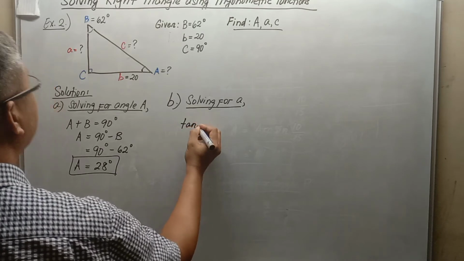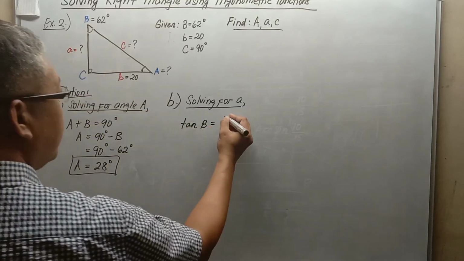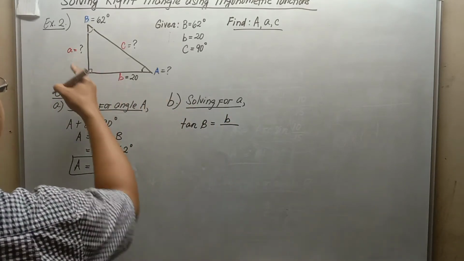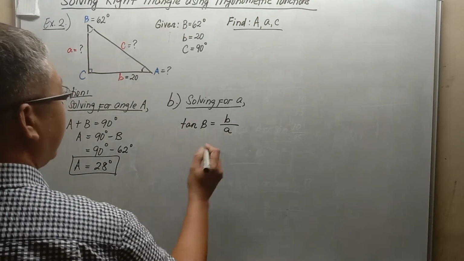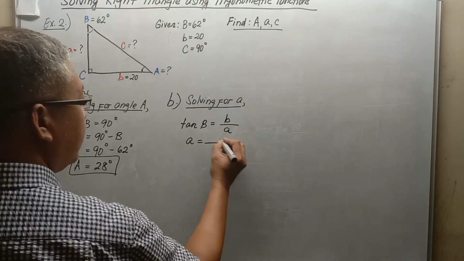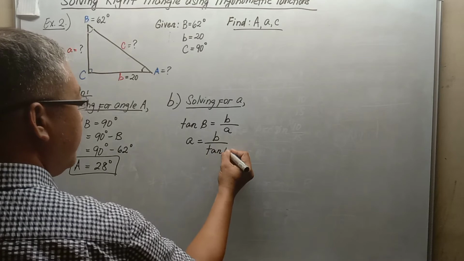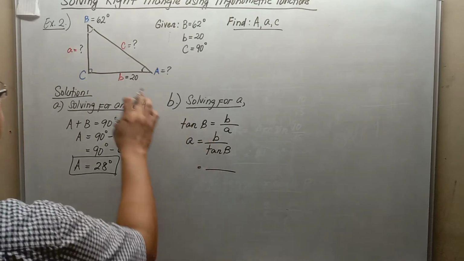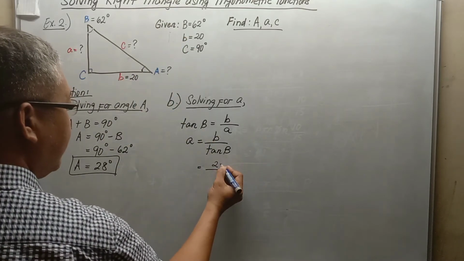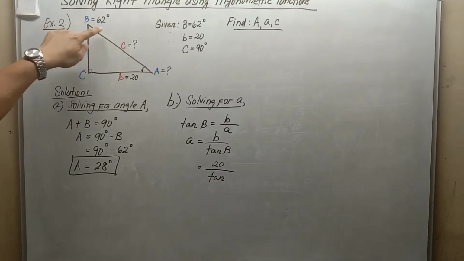Tangent B is equal to opposite, b, over adjacent, a. So rearrange, guys. A is equal to B over tangent B. So substitute the value of B, which is equal to 20, which is given, over tangent of angle B, 62 degrees.